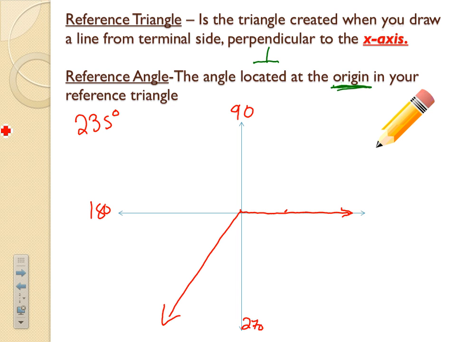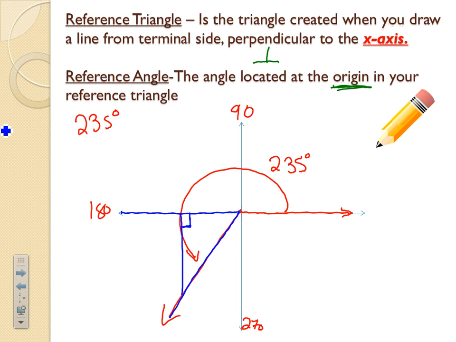When I draw this angle at 235 degrees, now I'm going to put in my reference triangle. I need to create a perpendicular line from my terminal side to the x-axis. So I'm just going to draw a line straight down, create my right angle. I have just now made my reference triangle.